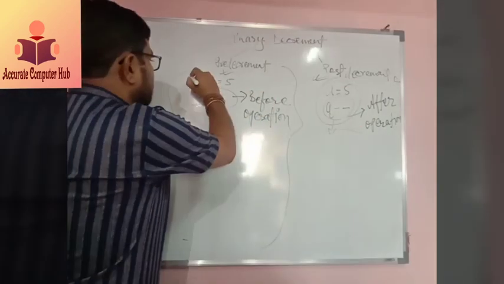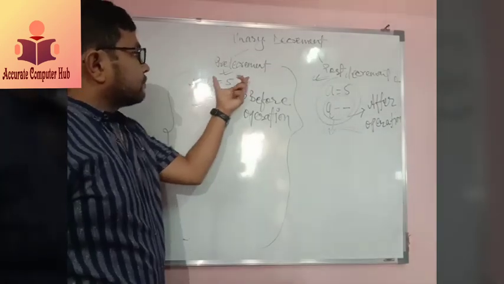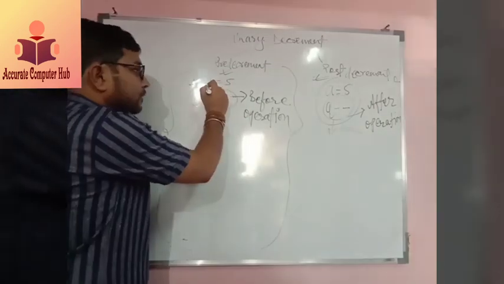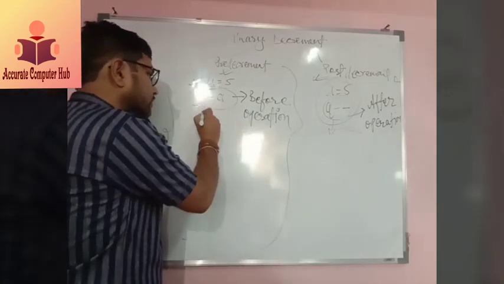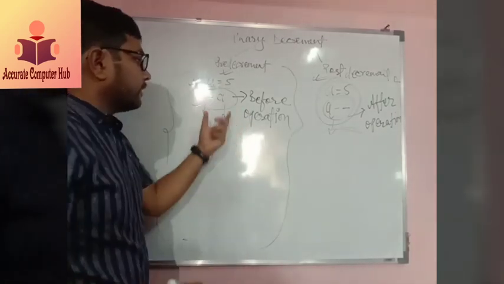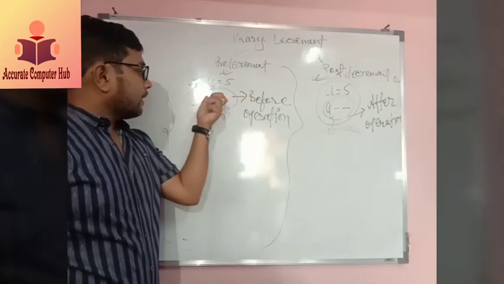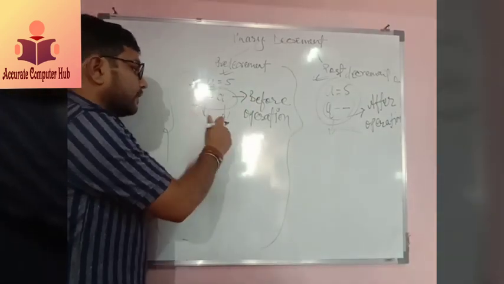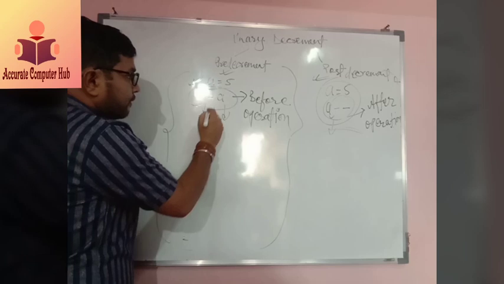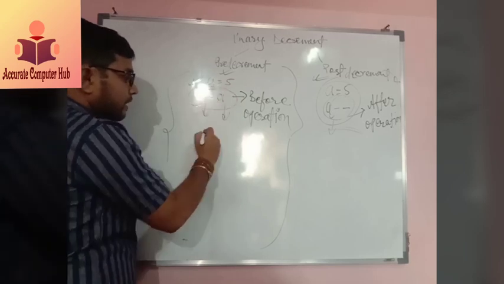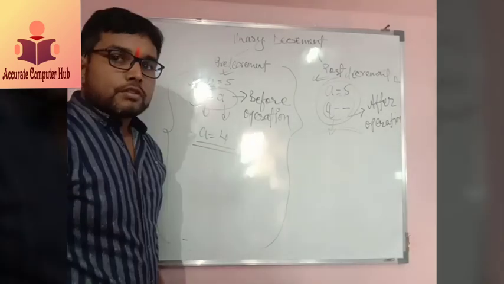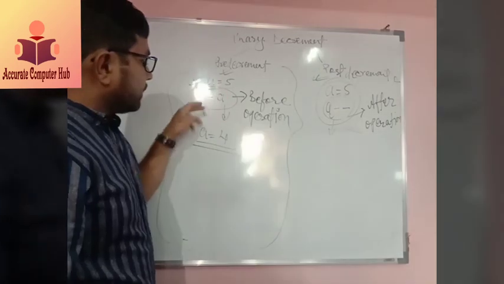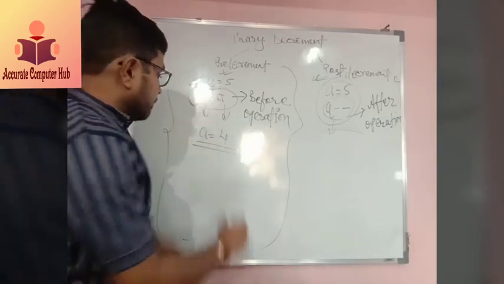So I am giving one example of pre-decrement. If you are putting the value of a equals to 5 and --a, if the minus sign is before the operand, a is operand and minus sign is before the operand, then we have to perform the operation a equals to 5 minus a, just put the value of a equals to 4, means value of a will be decreased by 1.